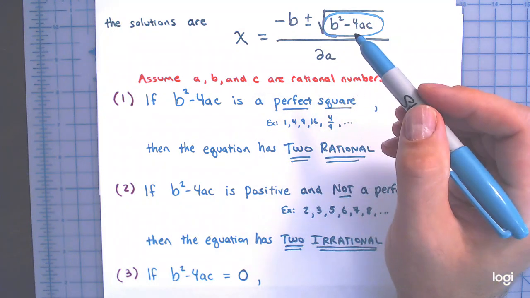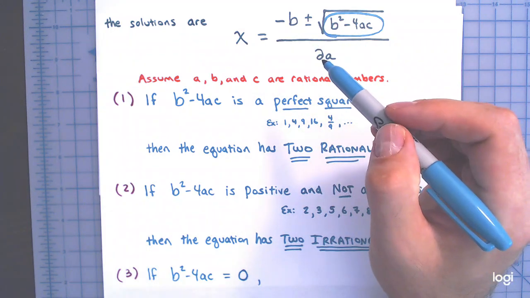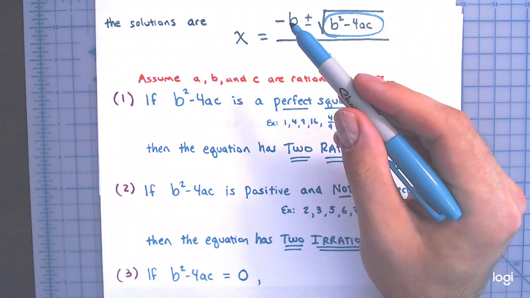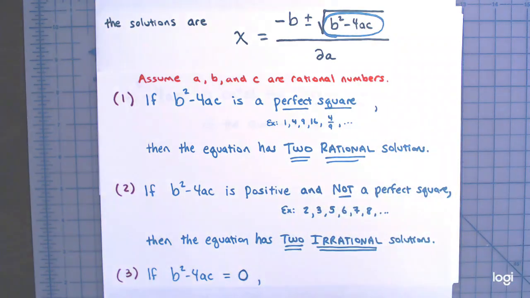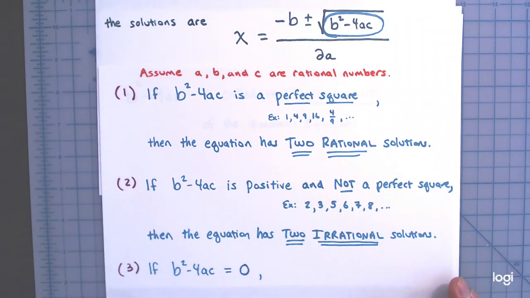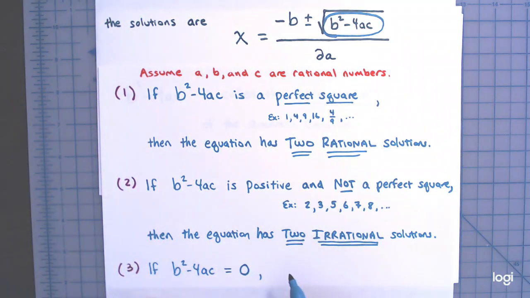Well, adding 0 doesn't mean anything. So you'd have negative b over 2a as a solution. And then negative b minus 0, same thing, just negative b over 2a. You'd get just one solution that's repeated. They call it a repeated solution. But the equation has only one real solution. It would be whatever negative b over 2a is.